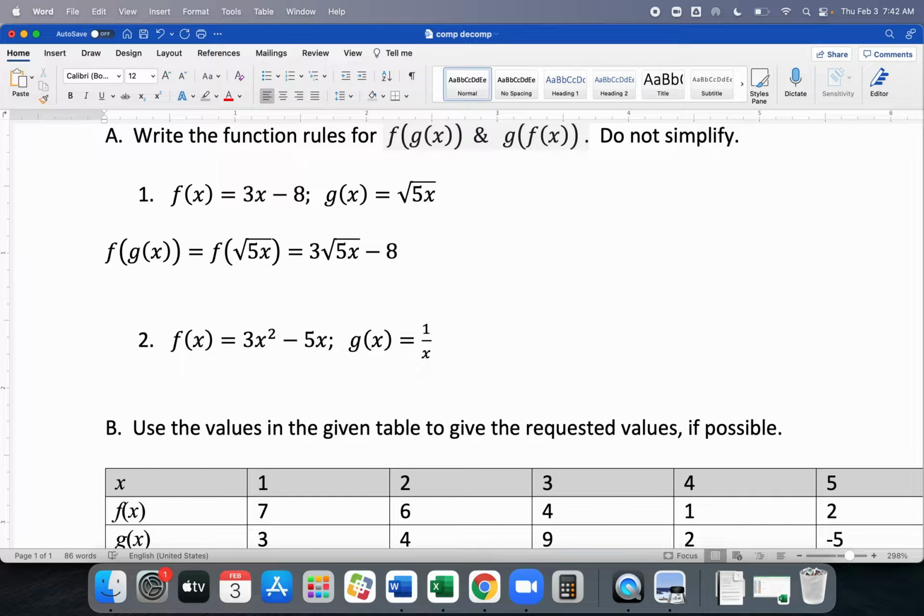If I wanted to go the other way around, yeah, question? So if I said find f of 19, I'd put in 19 right in that spot where the x is, right? So if I want f of the square root of 5x, I'm going to put the square root of 5x right in that spot. It's this same idea.